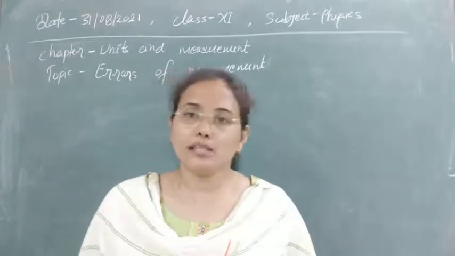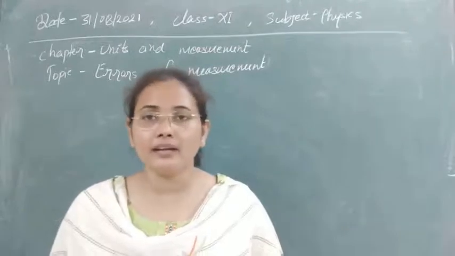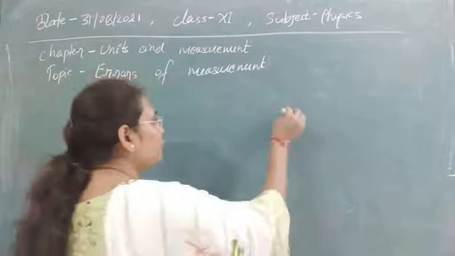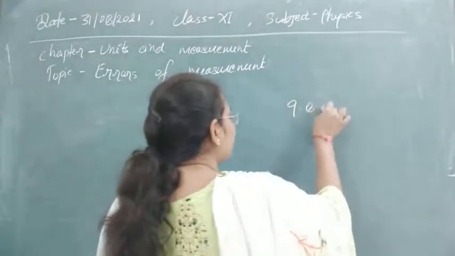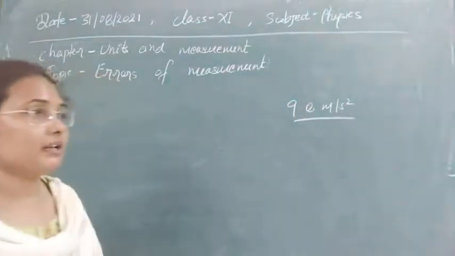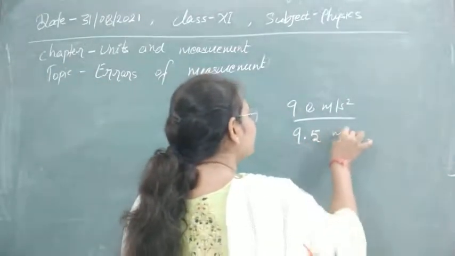Suppose you have done some experiment and calculated the acceleration due to gravity, g, and g has a value on the surface of 9.8 meter per second square. This is the known experimental value, but suppose you have obtained 9.5 meter per second square.